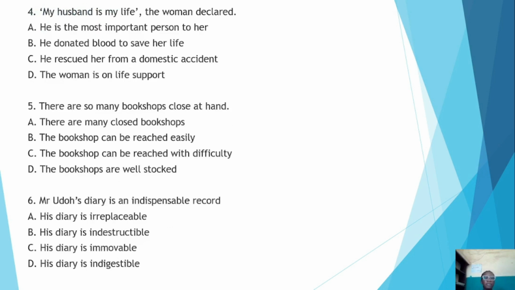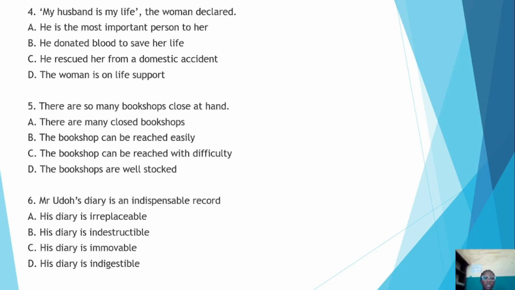Question 4. My husband is my life, the woman declared. Let's look at the options. Option A, he is the most important person to her. Option B, he donated blood to save her life. Option C, he rescued her from a domestic accident. Option D, the woman is on life support. Now, we cannot say that because there is life in this sentence, so we'll say that he donated blood to save her life.